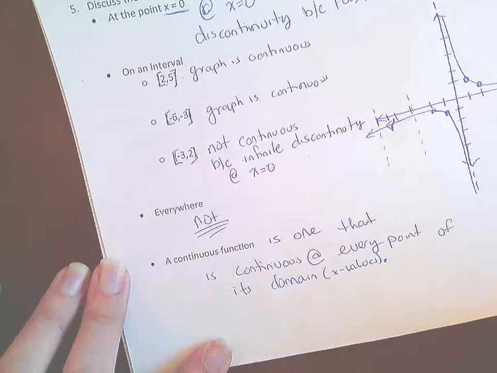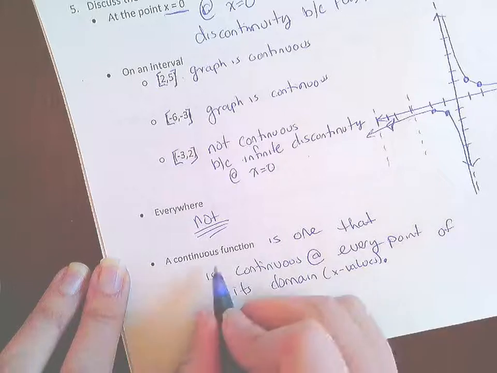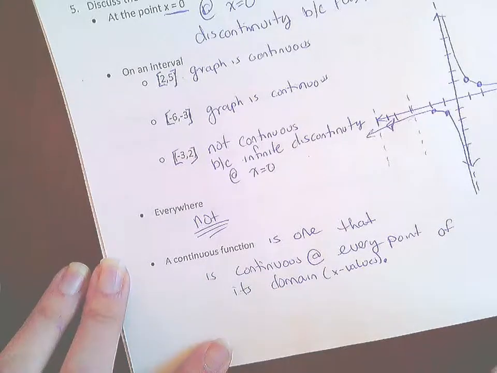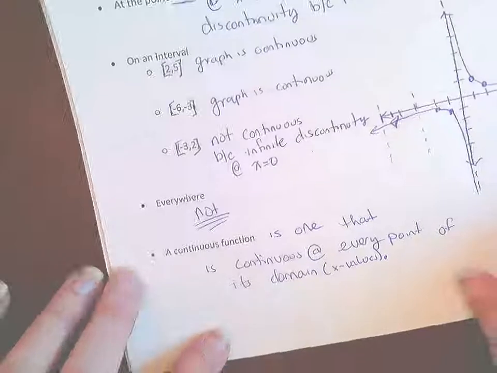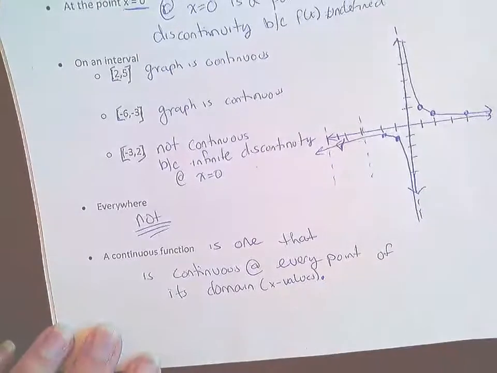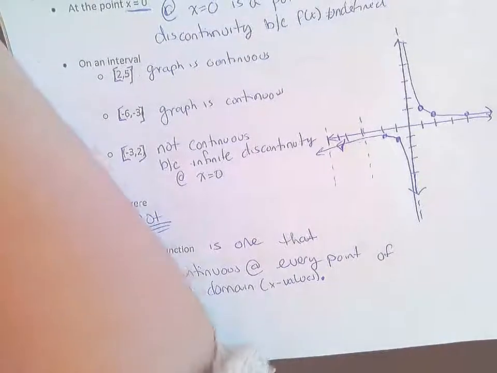So that's for a continuous function. But of course you can have continuous intervals, and we'll talk about that tomorrow. Alright, so part 1 done. We'll finish up part 2 another time.